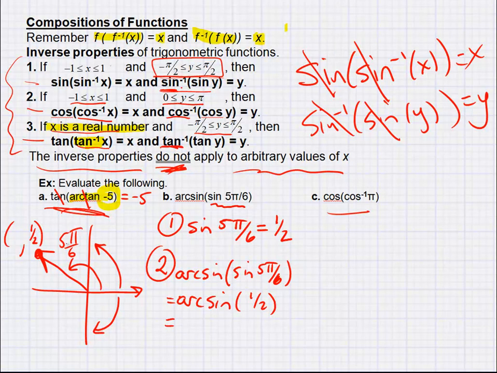And 5 pi 6 is one of them. But remember, 5 pi 6 is not the kind of answer I can get from arc sine. I need to get the angle that's over here, which would be pi 6. That would also have a y coordinate of a half. So here I'm going to say the arc sine of a half is pi 6. And that's the answer for the whole thing.